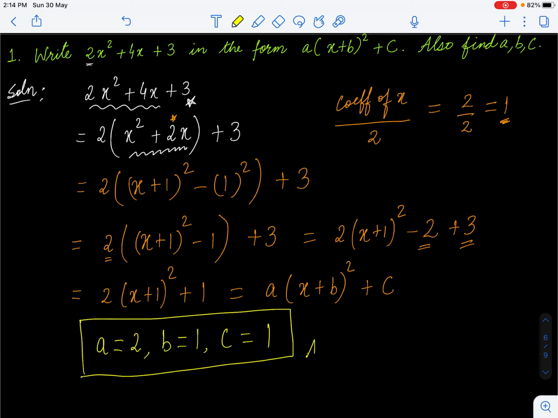So this is my final answer. I think it's pretty simple. The only thing you have to do is remember this: the most important thing is making the coefficient of x square 1. So when it's not 1, you will take that number out from the x terms.